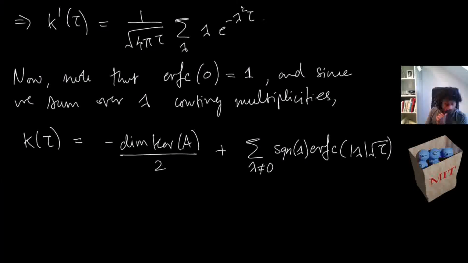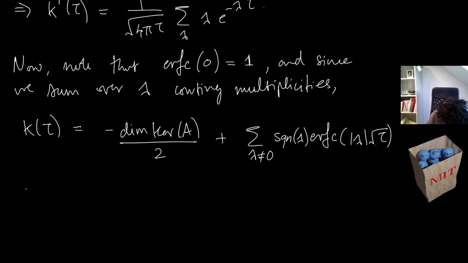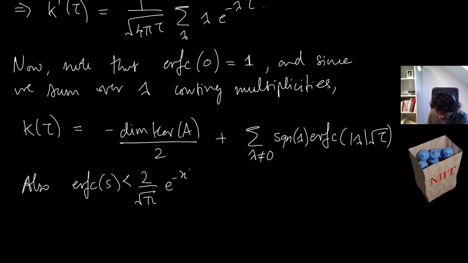Okay. So, as we noted before, we note that the erfc of s is less than 2 on root pi of e to the minus s squared, and therefore what do we have?